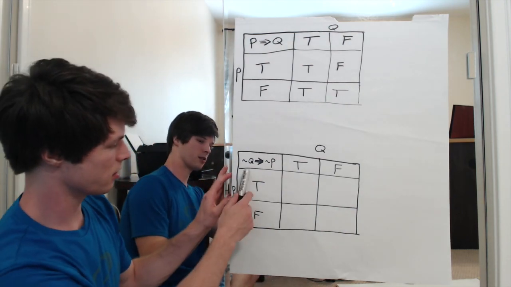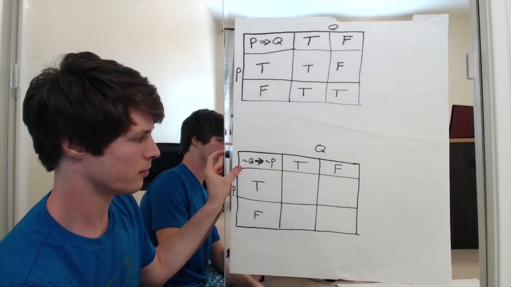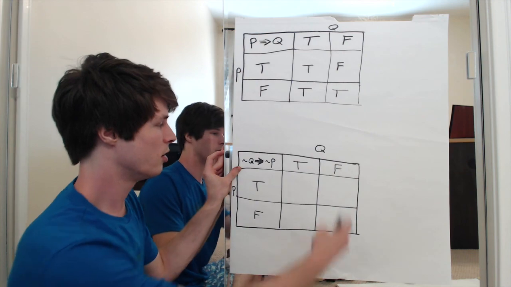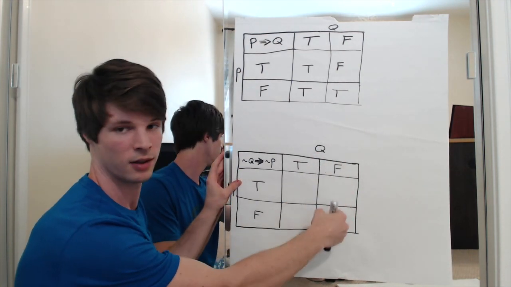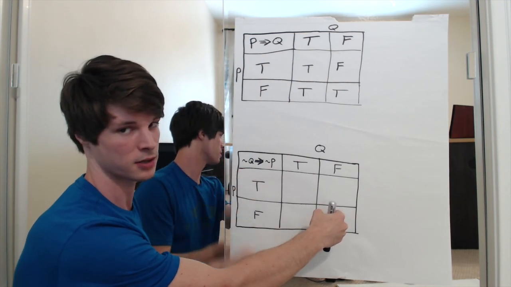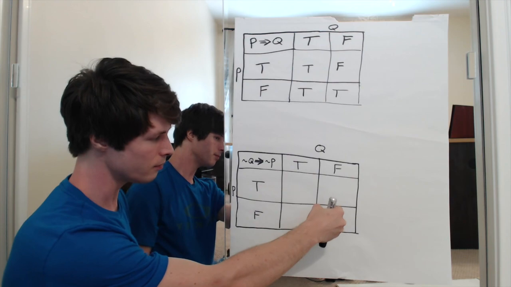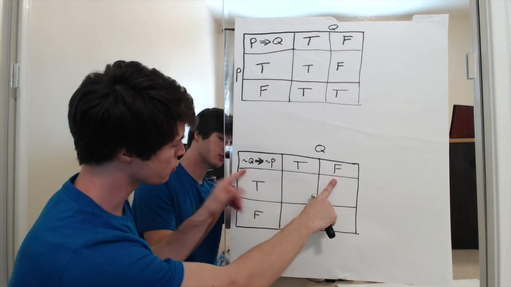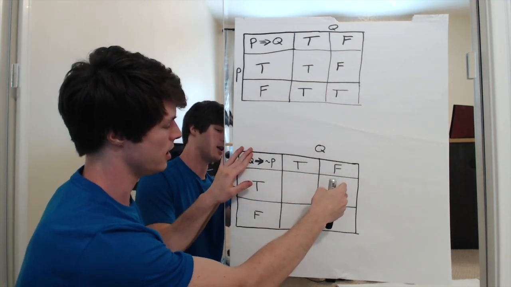So over here, the hypothesis is not Q. Not Q is true when Q is false. So we're going to be in this column when this statement is going to be false. So not Q has to be true, which means Q has to be false. That's the first of the criteria that we need to make an if-then statement false.